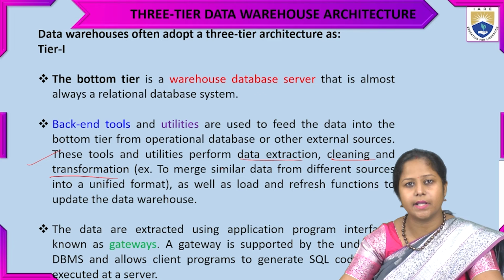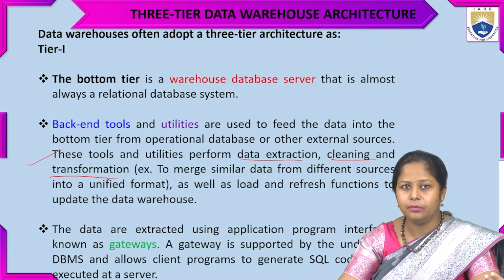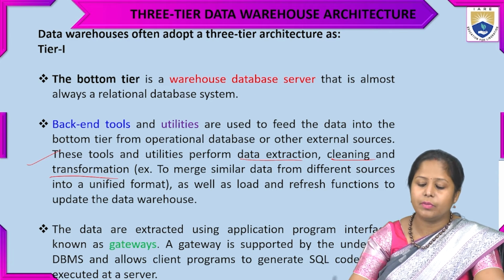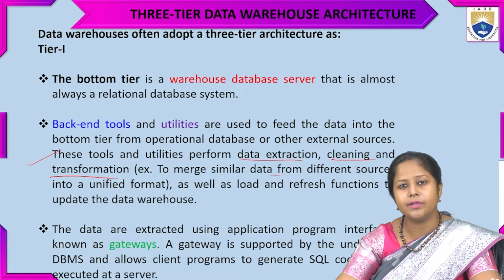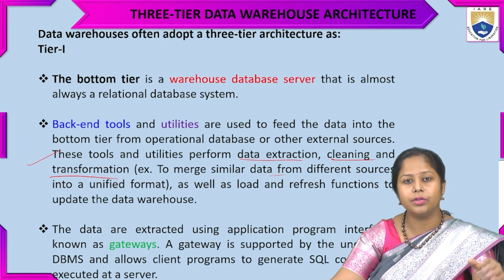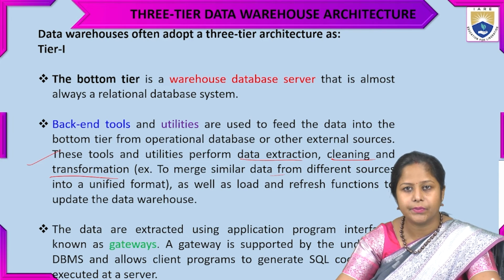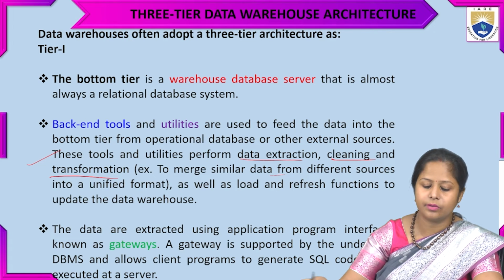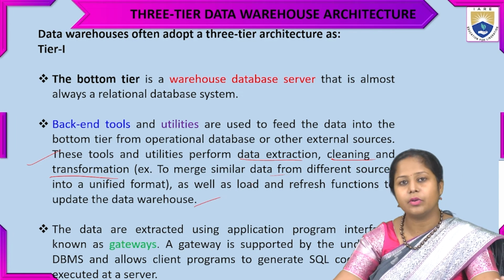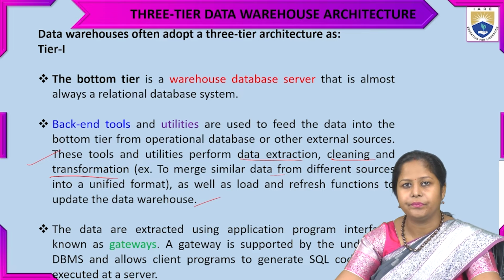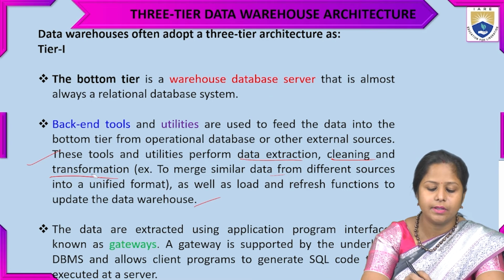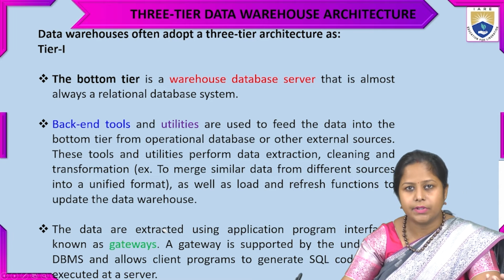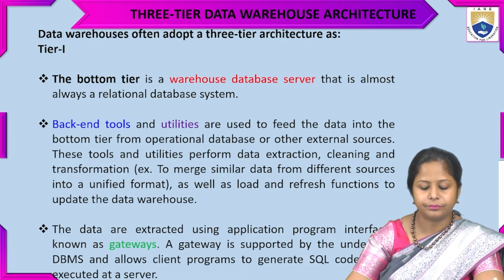That will perform the transformation using the ETL process. For example, to merge similar types of data from different sources, a unified format will be followed, right? They will also load and refresh the data to update the data warehouse. So these are the functions and processes that will be carried out in the bottom tier of the data warehouse.